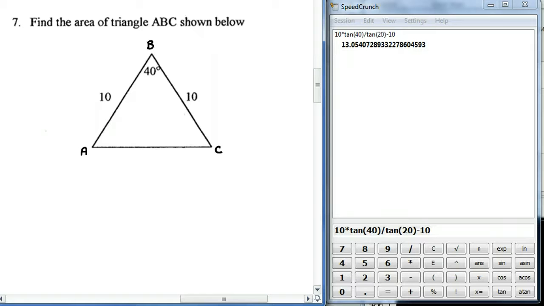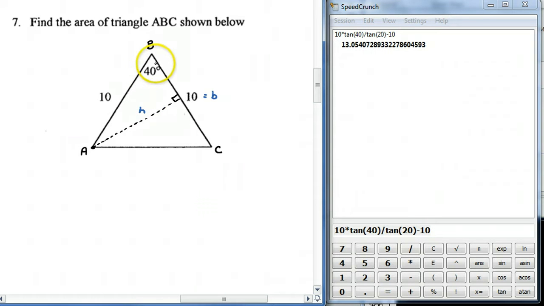There's a variety of ways we could do this, but one of the most common ways is by dropping a perpendicular from point A to the opposite side. So we're going to drop a perpendicular straight down. And I'm going to use this length 10 as my base of the triangle, and I'm going to calculate the height h.